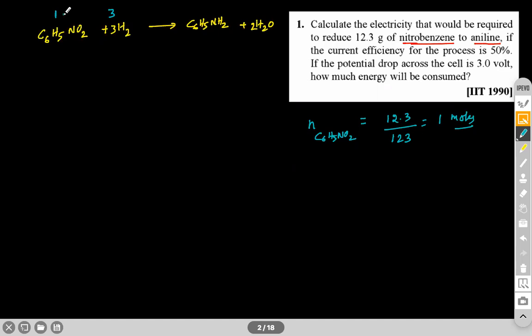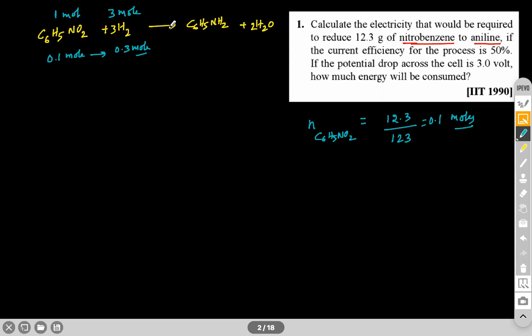Sorry, I missed this, it is 0.1. So 1 mole requires 3, so 0.1 mole requires 0.3 mole of H2 for this reaction. Correct? 0.3 mole is required.